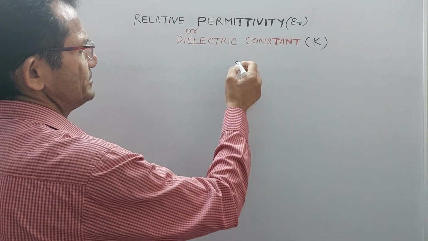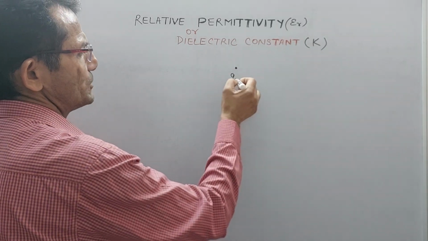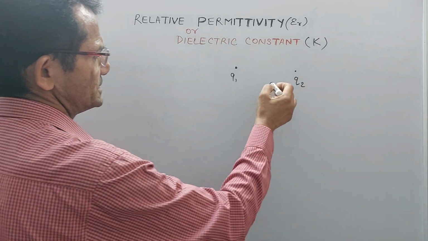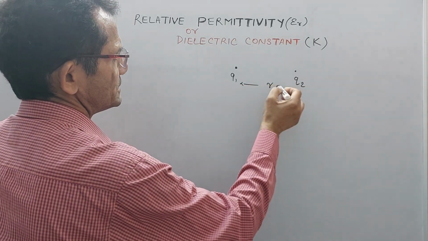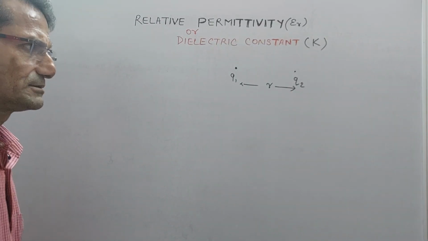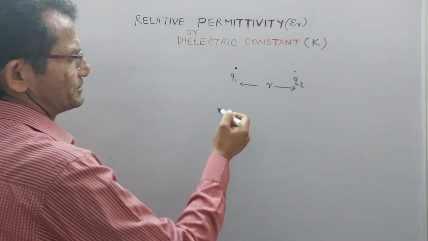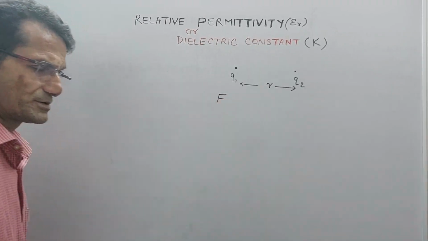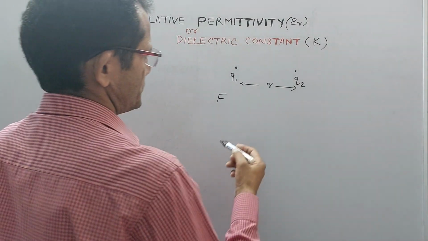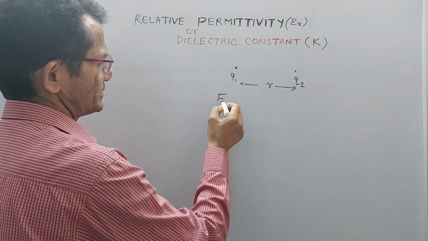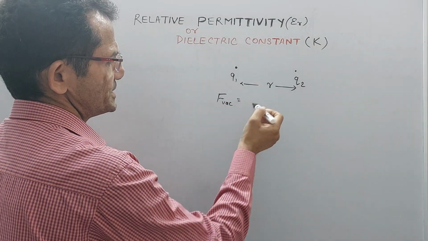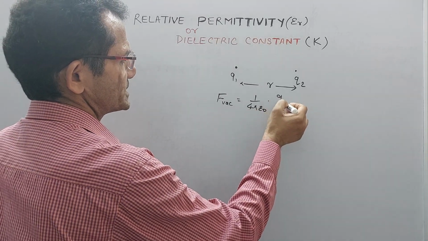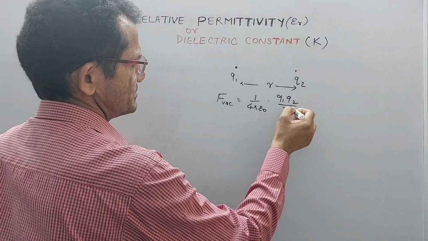Let us suppose we have two charges, one is Q1 and another is Q2, placed at some distance r. By Coulomb's law, suppose there is air or vacuum, which have approximately the same dielectric constant. The force between them would be 1 upon 4 pi epsilon naught, product of the charges divided by the distance squared.